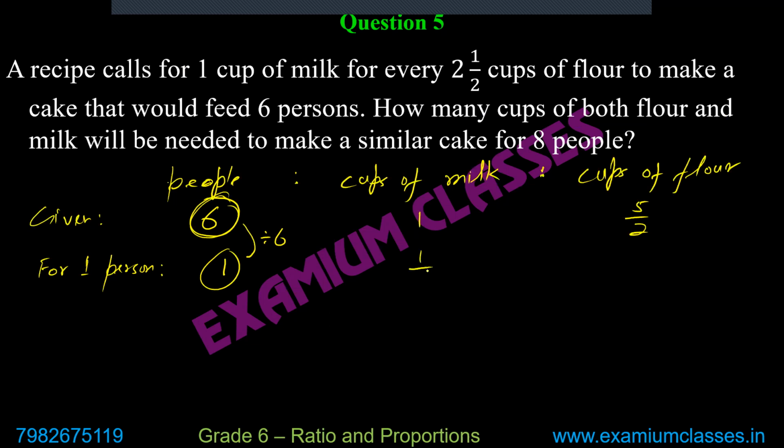So here it will be 1 by 6. Here it will be 5 by 2 divided by 6. Divided by 6 means 6 will be in the denominator. So if we want to feed one person, we will need 1 by 6 cups of milk and 5 by 12 cups of flour.